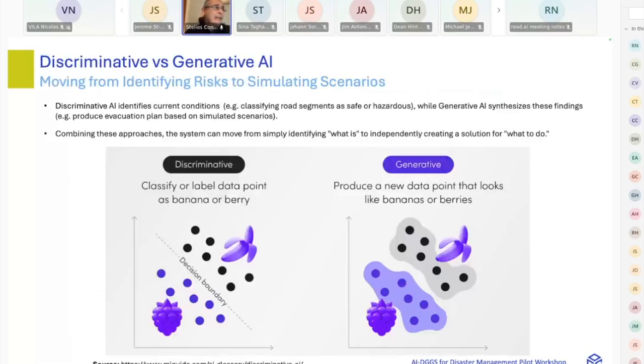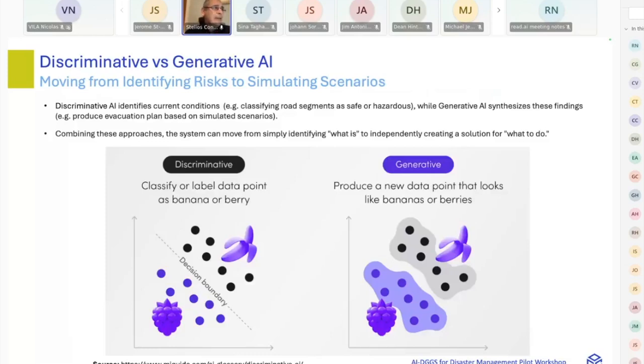And a discussion that arose during the last pilot meetings was referring to discriminative versus generative AI and where we should focus. I understand that discriminative is more what ML or DL is providing, and then Gen AI. And I think we need both.